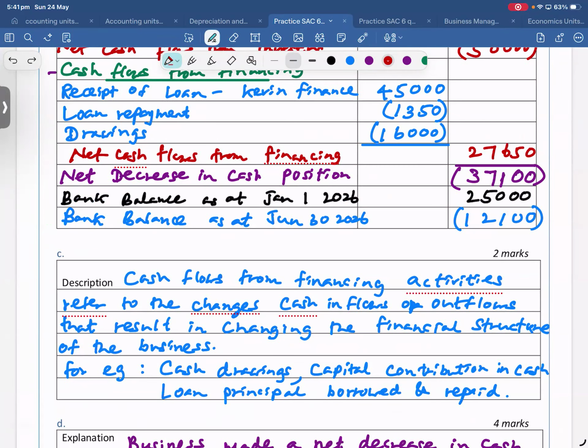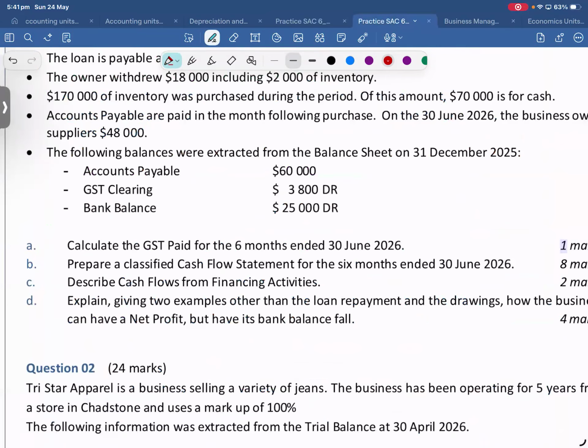So I thought it was to describe financing activities for the period. You describe cash flows from financing activity in general.